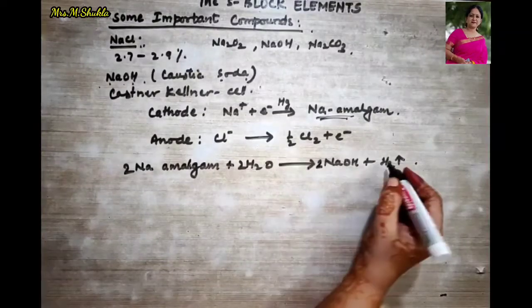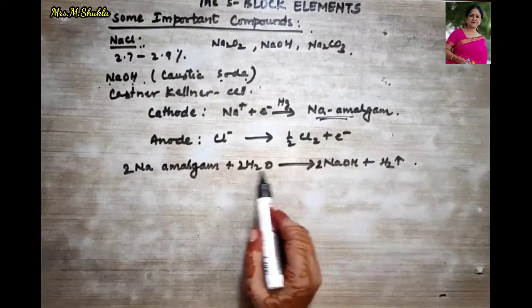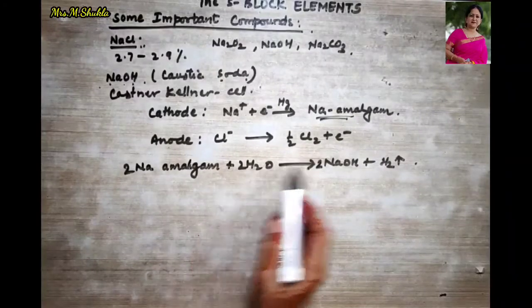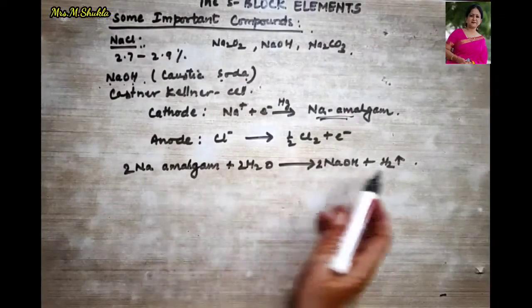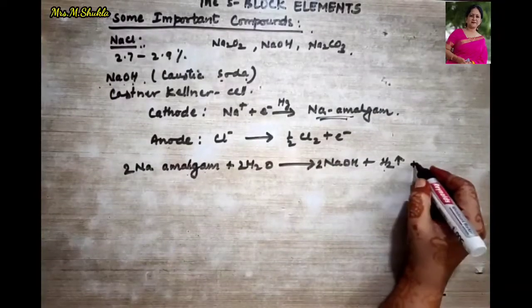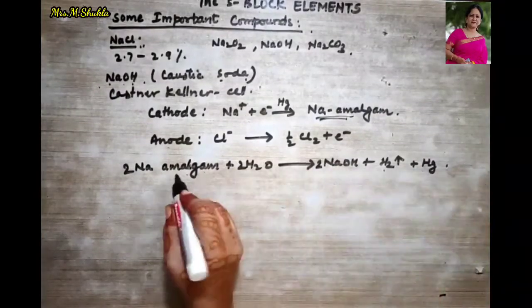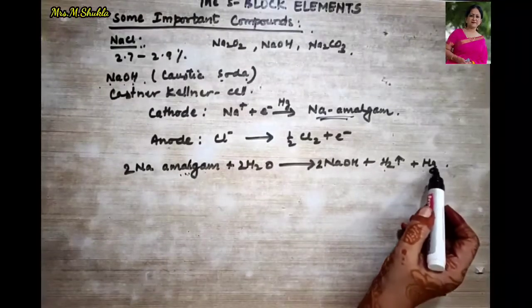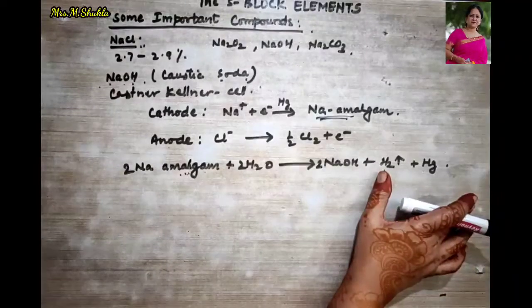So sodium hydroxide will be formed, hydrogen gas will be given out. So what are you left with? You're also left with mercury. The amalgam is made due to mercury, no? So mercury is left back, right?